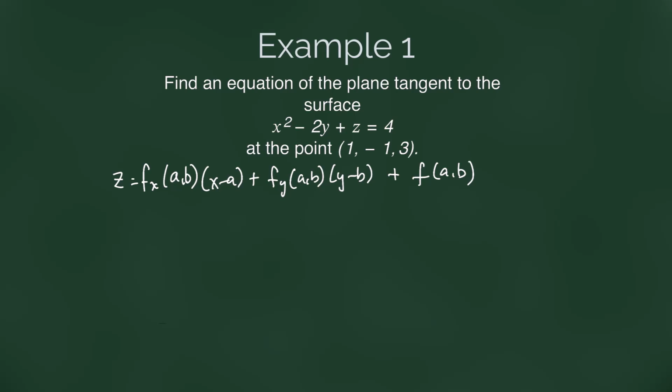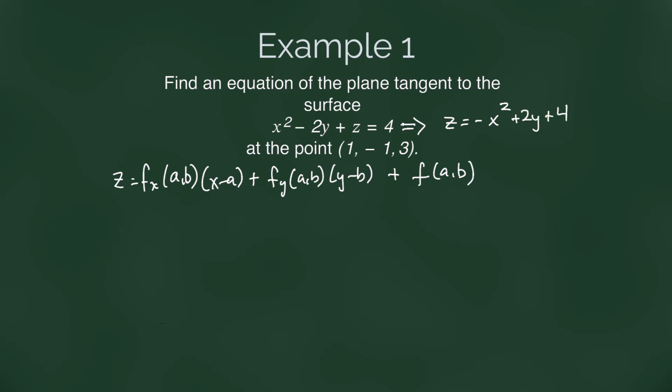So notice that our current formulation for the surface is not written in a function form, but we can rearrange it. We're going to rearrange this to look like z equals negative x squared plus 2y plus 4.